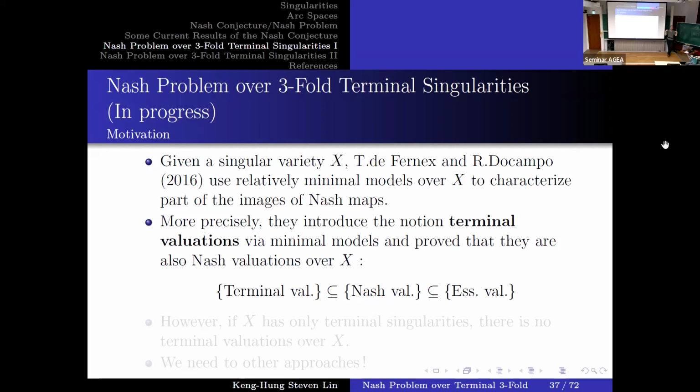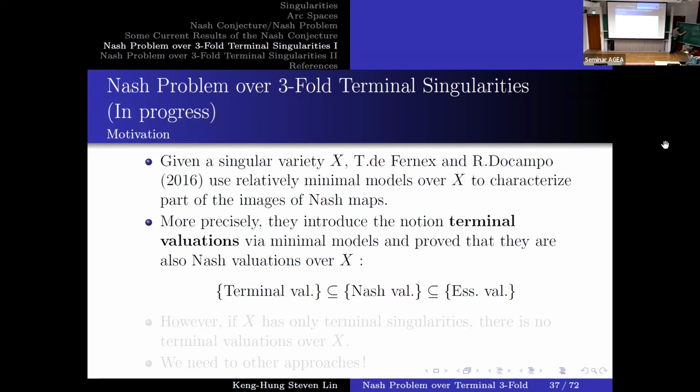Most of you know how the MMP works, right? If the canonical divisor is not relatively nef, then we can produce a divisorial contraction to contract the -1 curve into a new model.